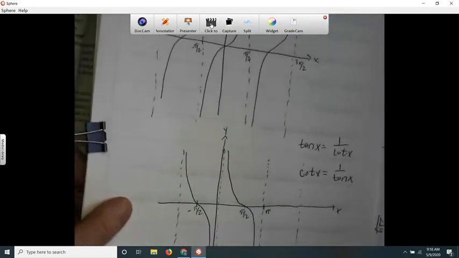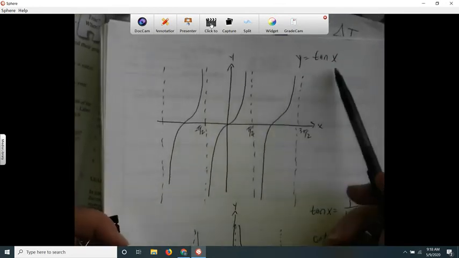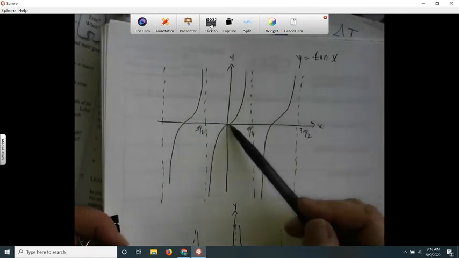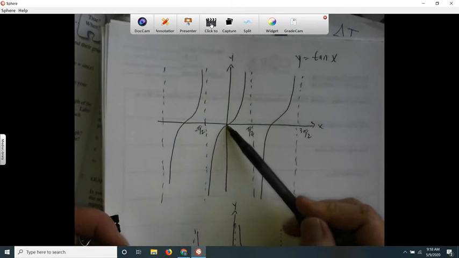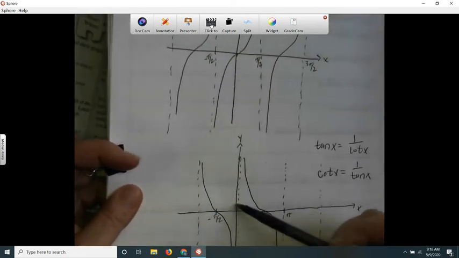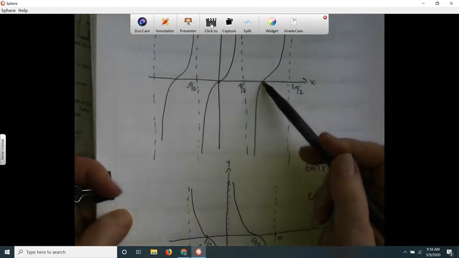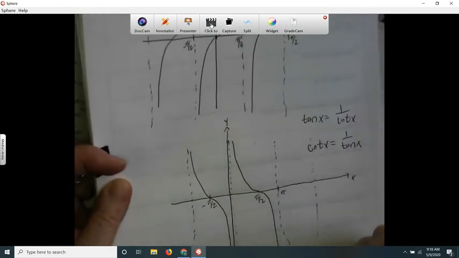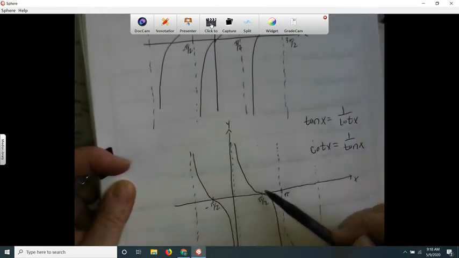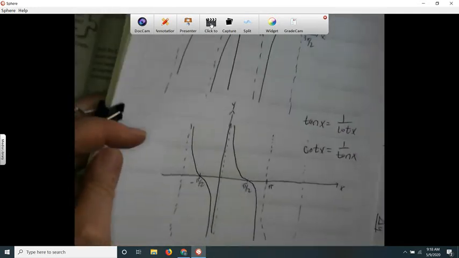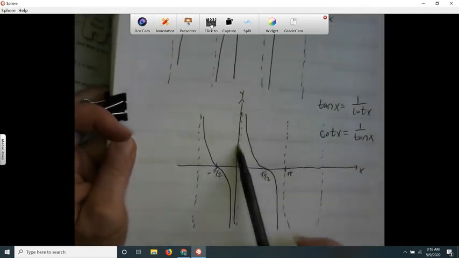When tangent goes through the x-axis, that's where tangent is 0. So 1 over tangent would be 1 over 0. So that's why we have to have an asymptote there, and we have to have an asymptote here. This is pi. And then this ends up going backwards. Maybe you can plot some points and think about that. But this is what cotangent looks like.